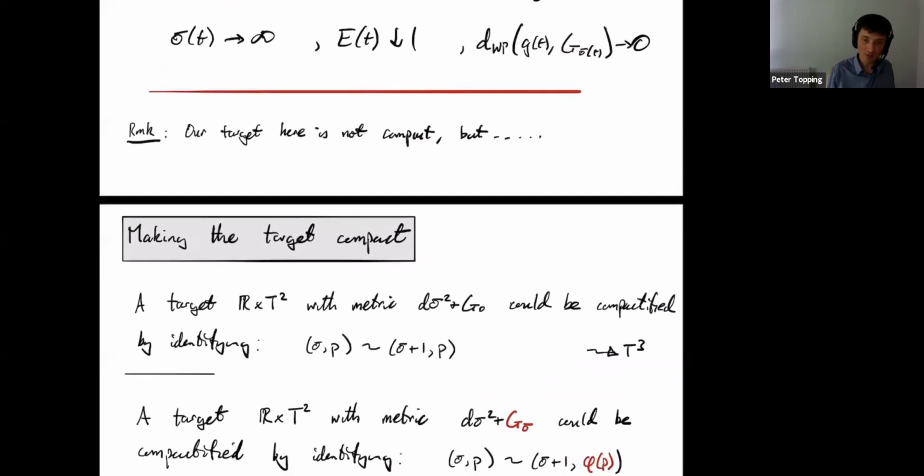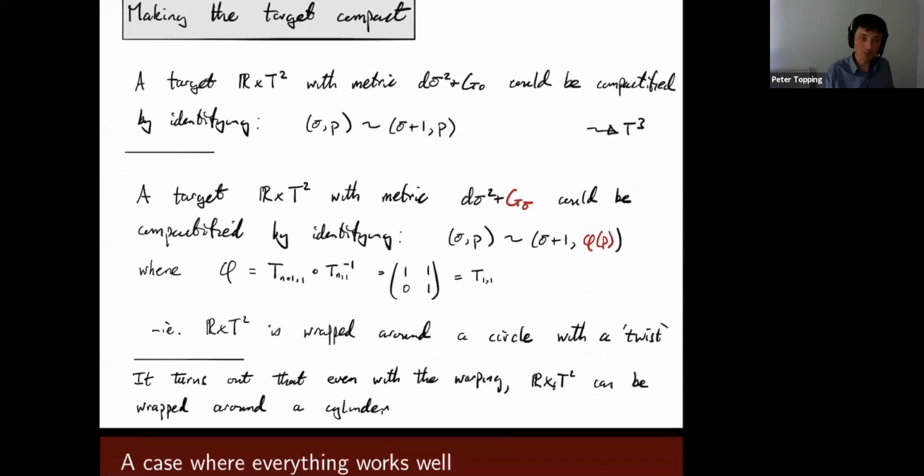In our game we have to do something a little bit more clever, which maybe I'll suppress some of the details for time. So I'm going to identify sigma comma p with sigma plus 1 as before, but phi of p. Because my metric's changed, it's changed to something which is the same modulo diffeomorphism. So you have to then modify by that diffeomorphism, which I've written here as phi. Let's not dwell now on what that phi is.